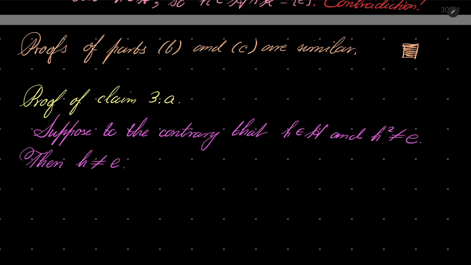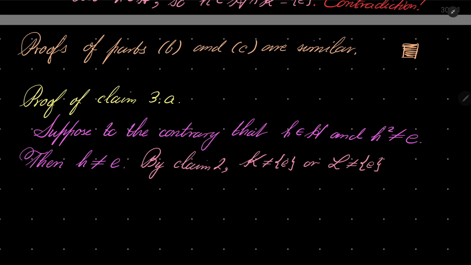By claim number 2, K is non-trivial or L is non-trivial, because we have demonstrated that at most one of these groups can be trivial.